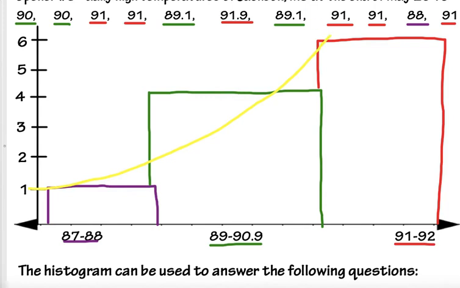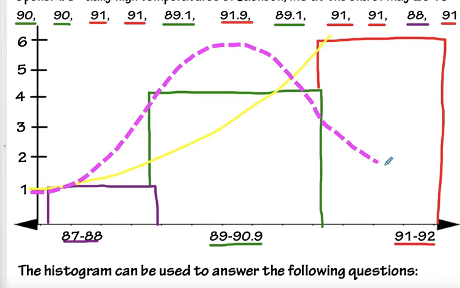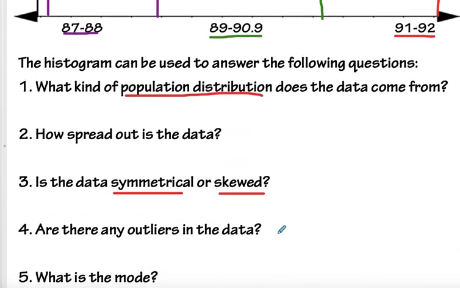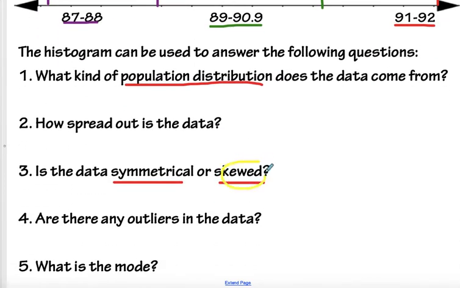But if this were symmetrical, it would start slow, go up in the middle, and then go back down. So this one is actually skewed to the right, skewed to our higher temperatures. If it were symmetrical, the higher range would fall in the middle temperature. So this one is skewed.